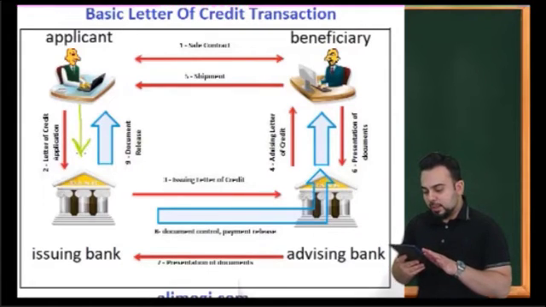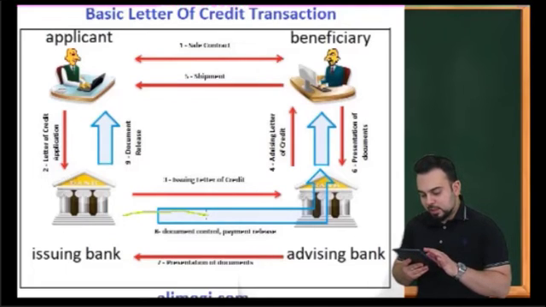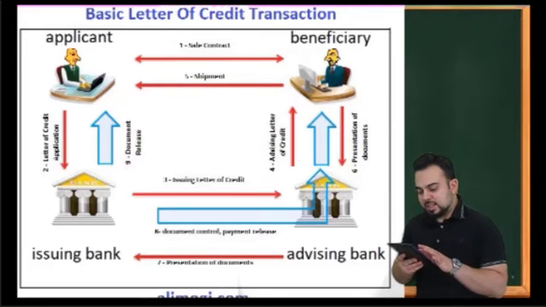Applicant requests to open an LC here. Issuing bank announcement to the second bank. The second bank shares LC details with the seller. Seller sends product or starts services and shares documents with the second bank.